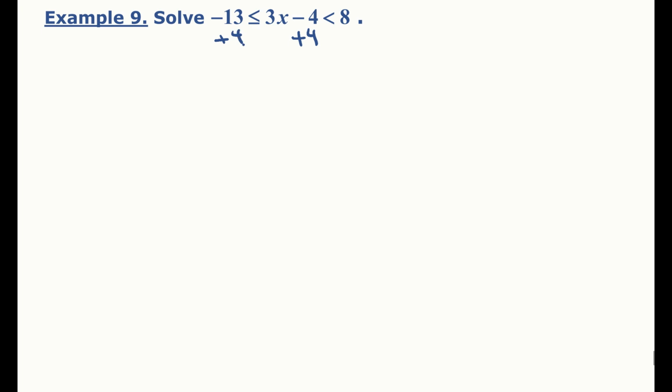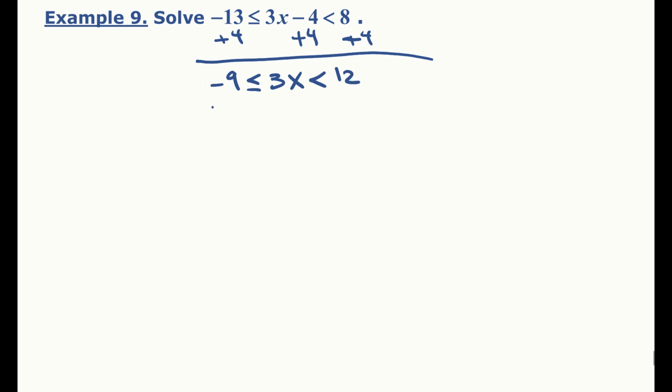So we need to go ahead and add 4 there and there as well. All right, so when we do that, we go ahead and combine these, and we end up with -9 less than or equal to 3x less than 8 plus 4 is 12.